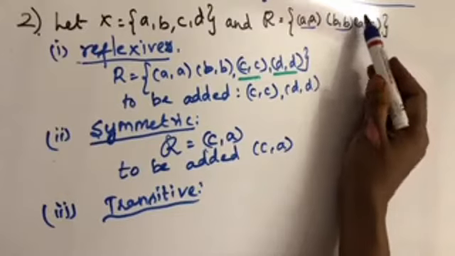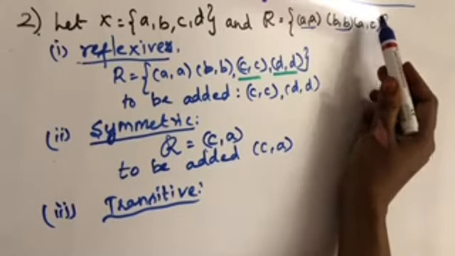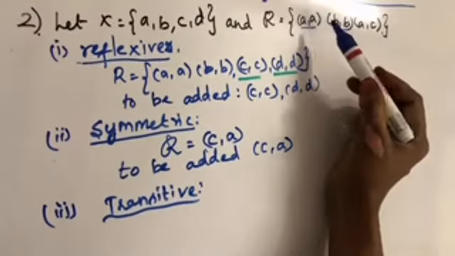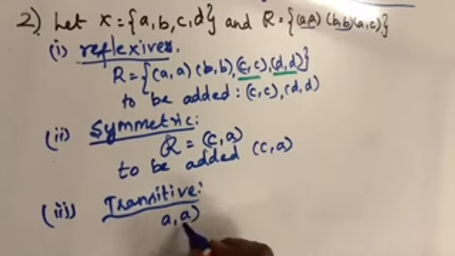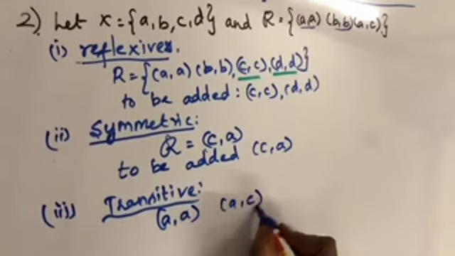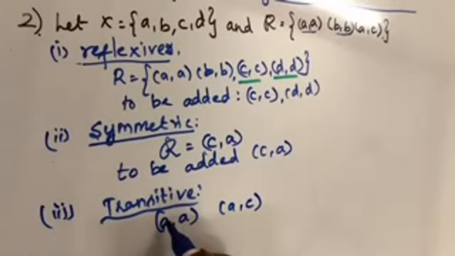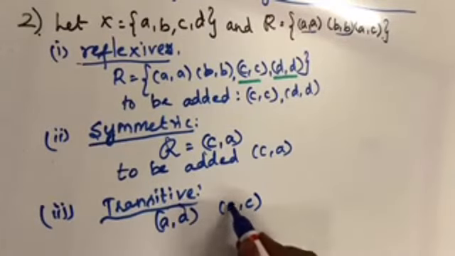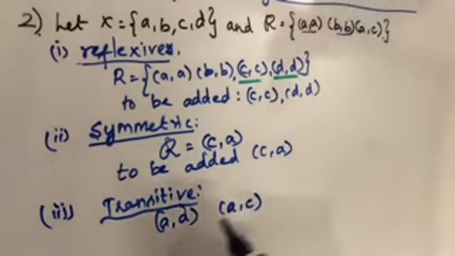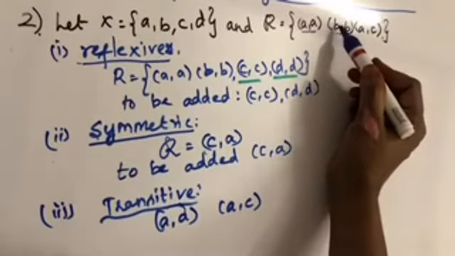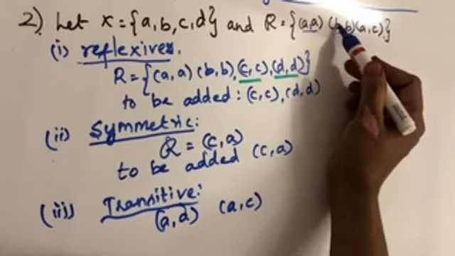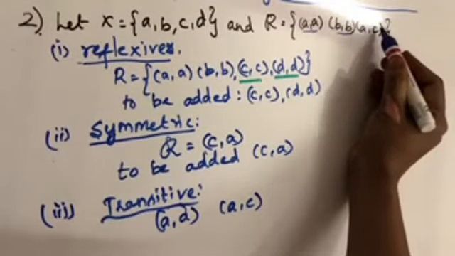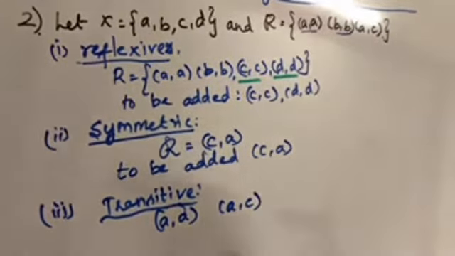Here A is related to C, but A is related to A and A is related to C, so this satisfies the transitive condition.